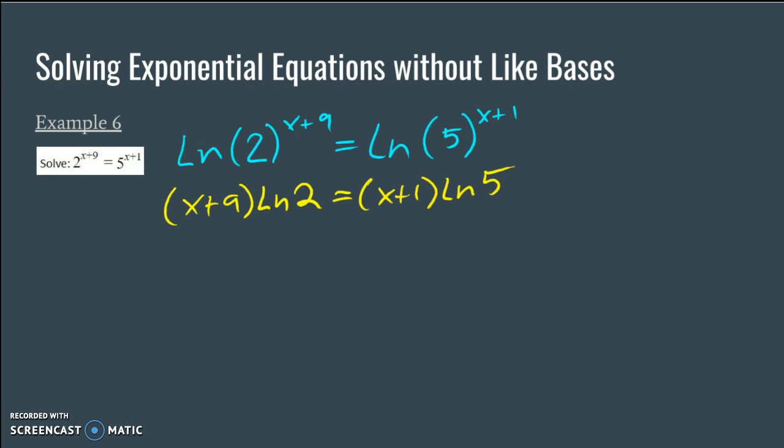We're going to go through first by distributing the natural logs into the parentheses, which gives me x times the natural log of 2 plus 9 times the natural log of 2 equals x times the natural log of 5 plus 1 times the natural log of 5. Just like any equation we solve, we need to get the x's on both sides of the equation to one side of the equation.